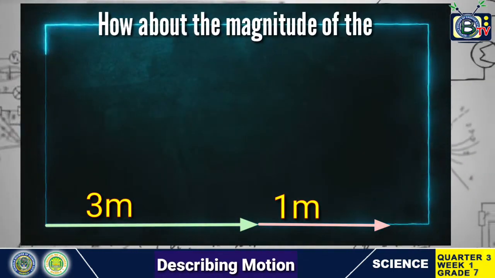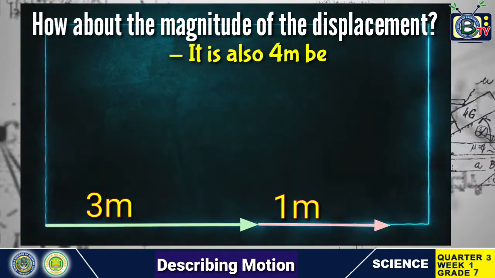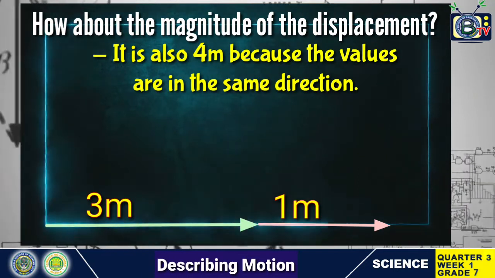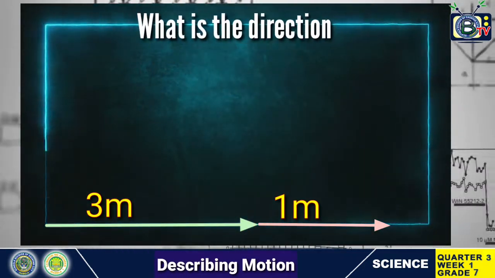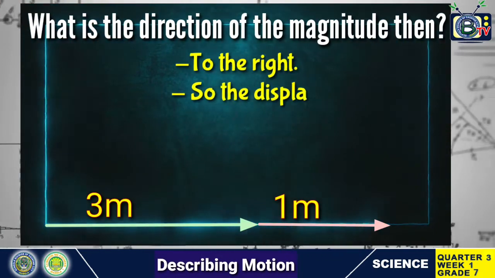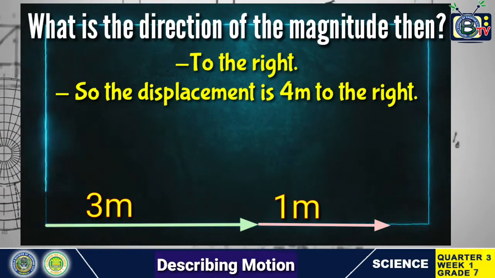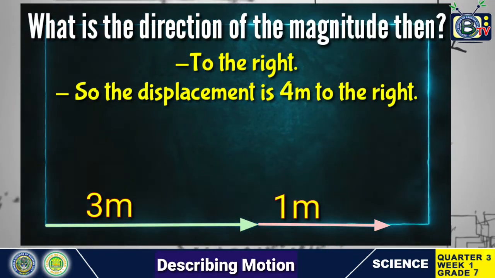How about the magnitude of the displacement? That's right. It is also 4 meters because the values are in the same direction. What is the direction of the magnitude then? Correct. It is to the right. So, the displacement is 4 meters to the right.